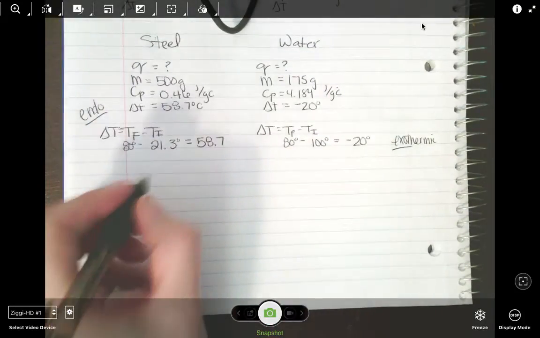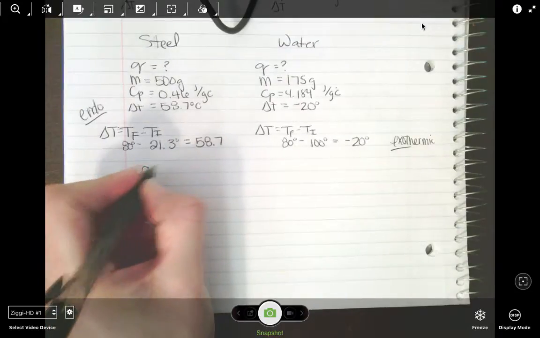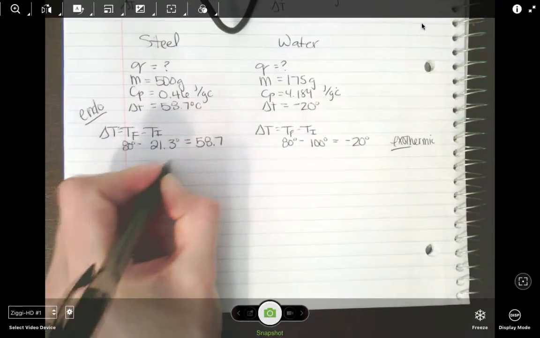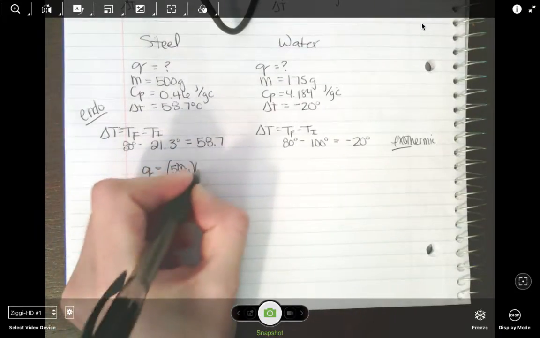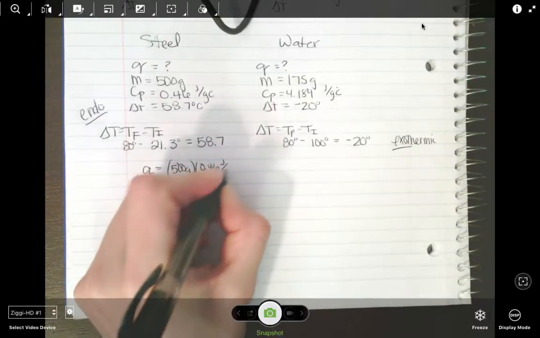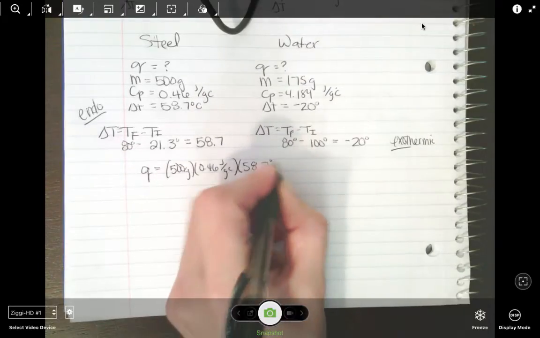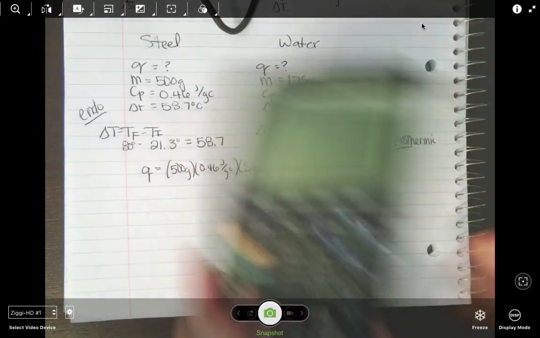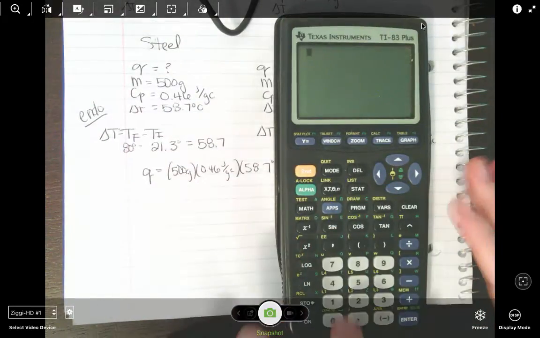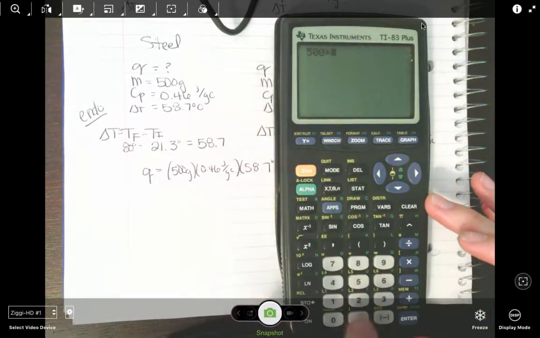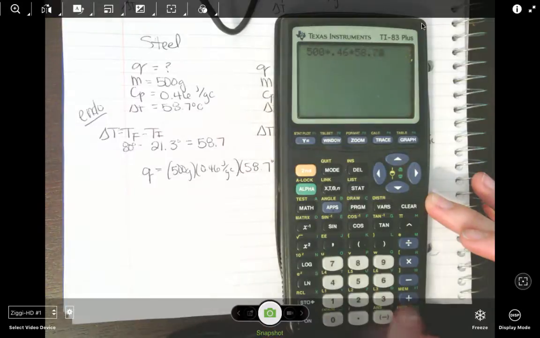Alright, so now that you have all your variables, you can calculate your Q. So Q for steel is 500 grams times the specific heat times the delta T, which would get us 500 times 0.46 times 58.7.